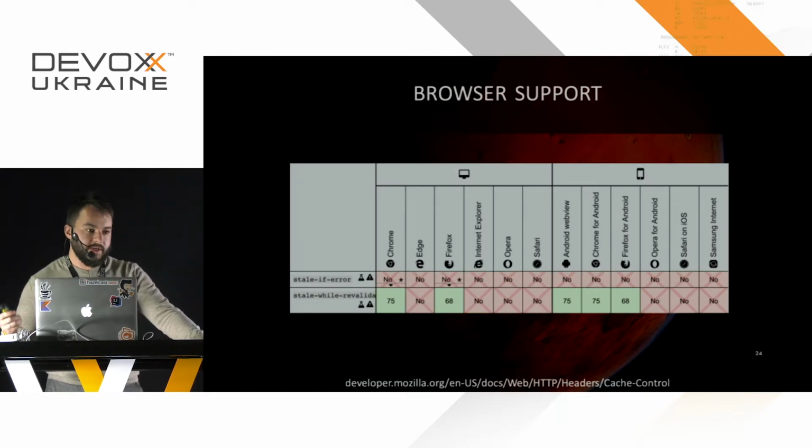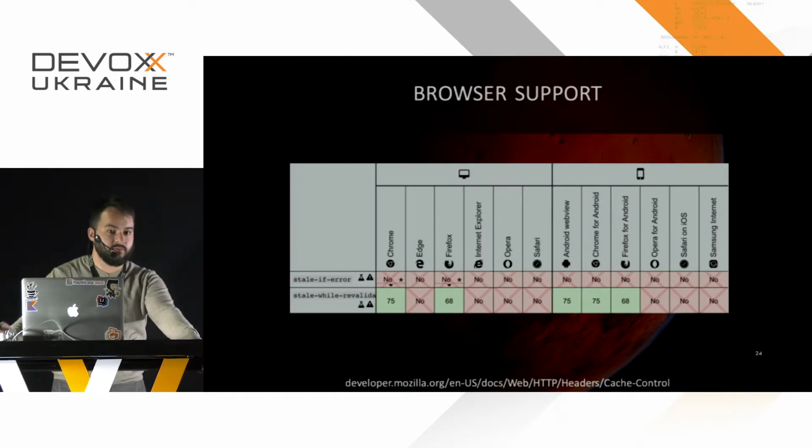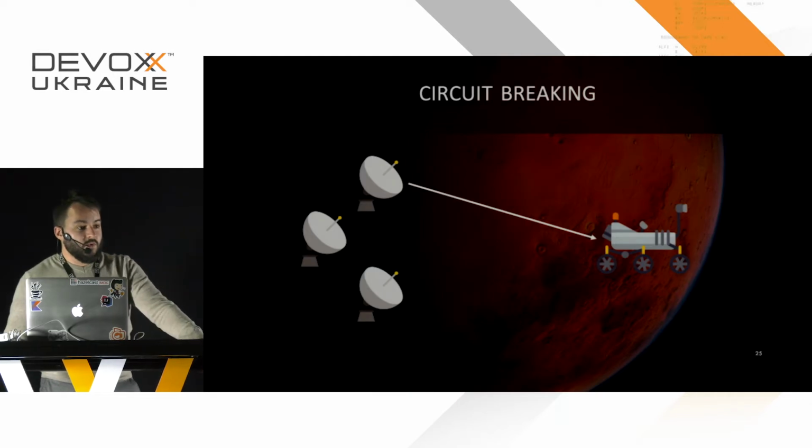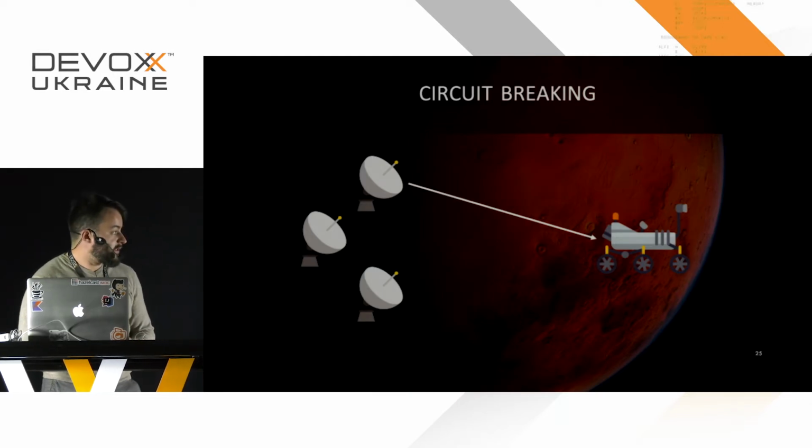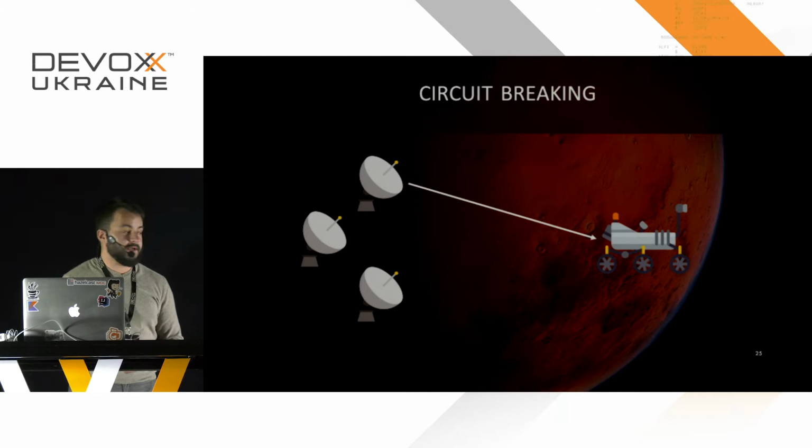But when it becomes a standard, you can use it right away, and it will help you to make a more resilient application. One more thing that can go wrong is when your service receives more requests than it can handle. In this case, it will fail.